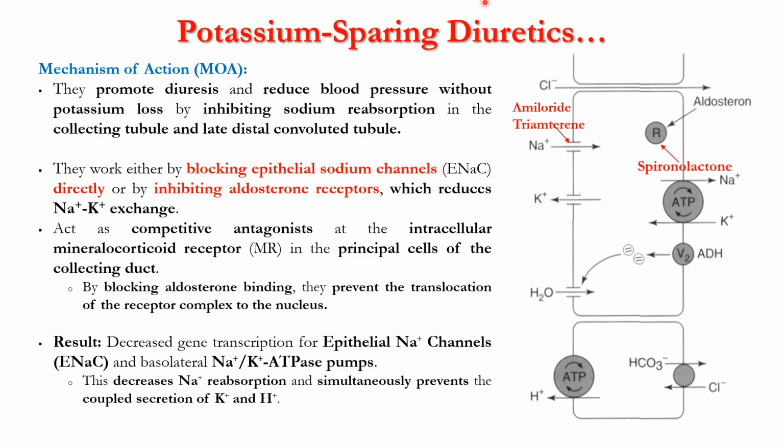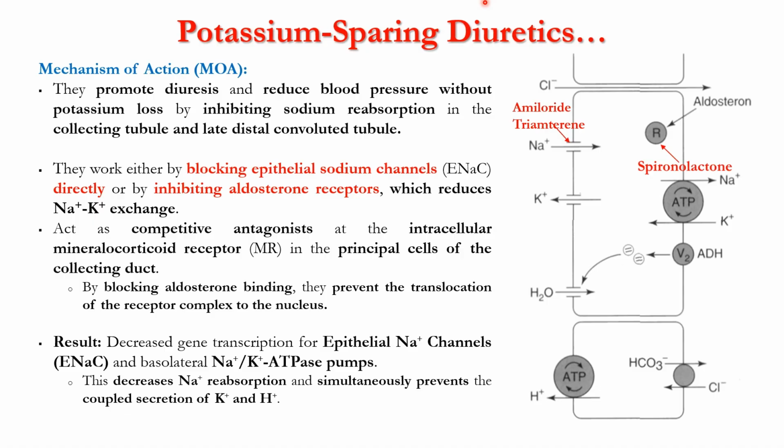The other is that they have a kind of synergistic activity, since they can be combined with other diuretics such as loop and thiazide-like diuretics. And they can prevent the hypokalemia effect.